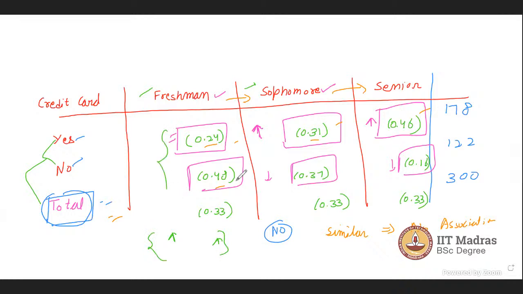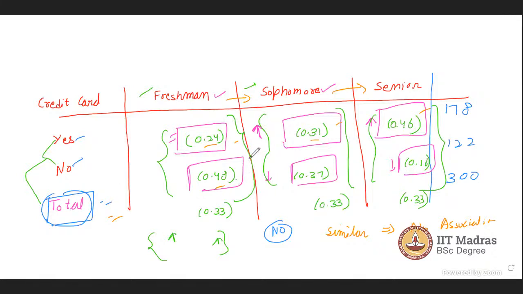So here you see that frequencies are not similar for this column, this column, this column, if I talk in terms of columns. How do we decide the range, sir? Okay, wait. Here if I take the first column, it's 0.24, 0.48.